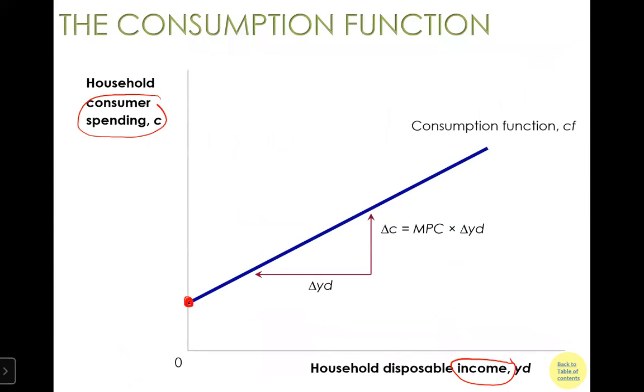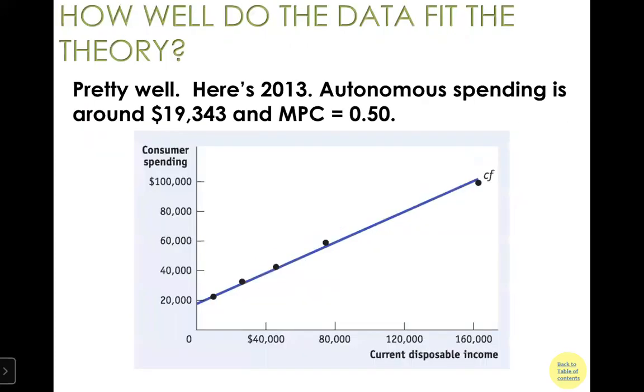The other is the slope of this line, which equals MPC. Right? Okay. And then we also looked at our model or theory versus data. This is our theory, and the dots are data. You can see they match almost perfectly. Right? But this is for a given year.